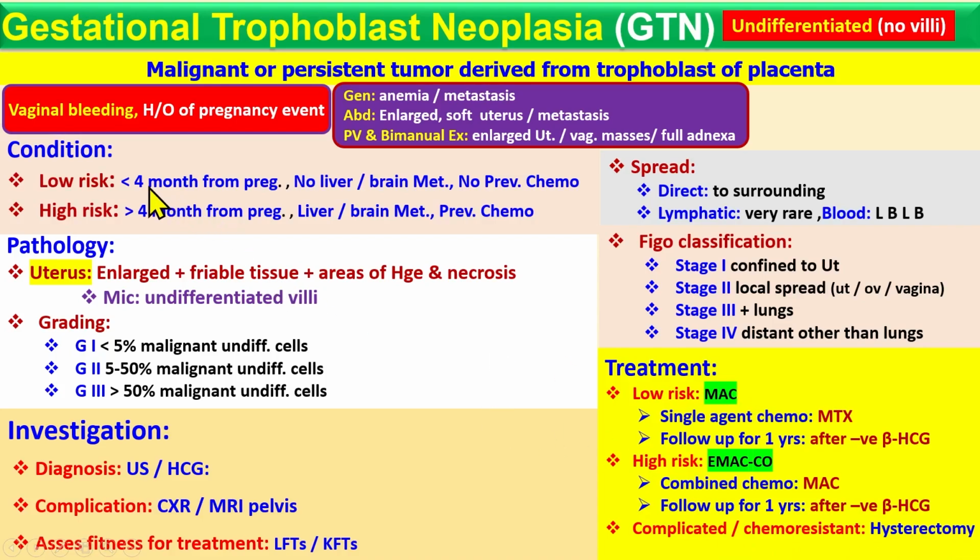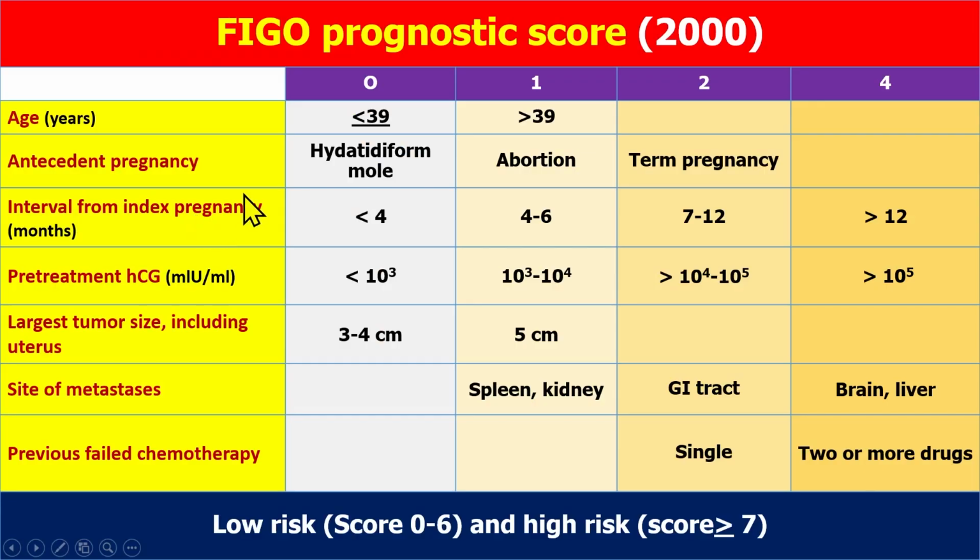So although I defined the simplest form of low risk and high risk, if you look at the FIGO classification of low and high risk, they have scored them: 0 to 6 is low risk, and more than 7 is high risk.